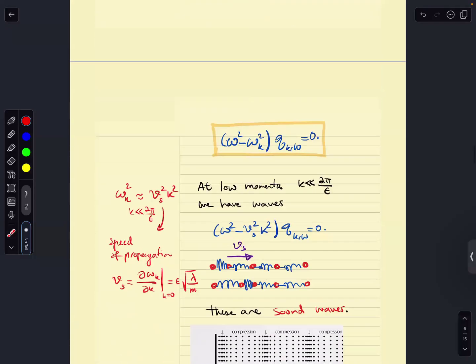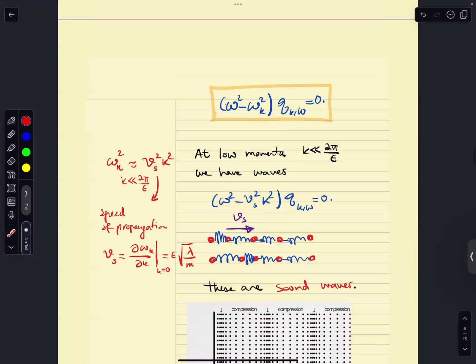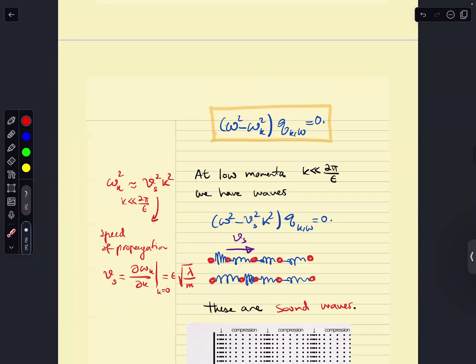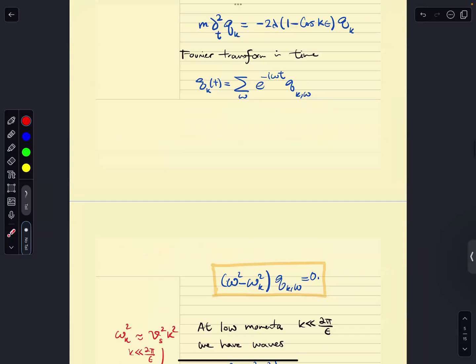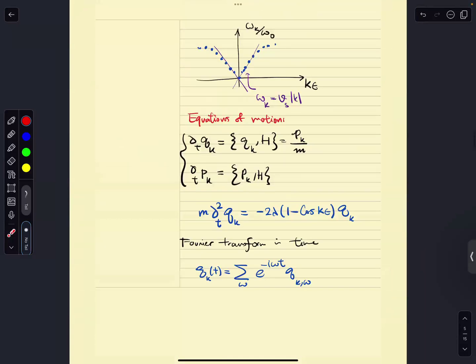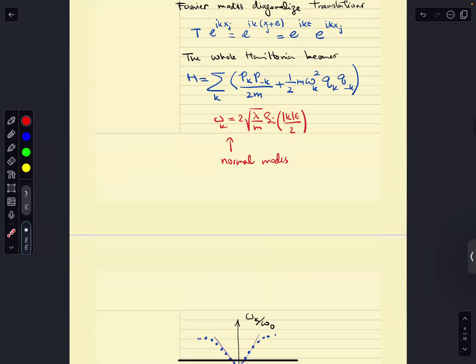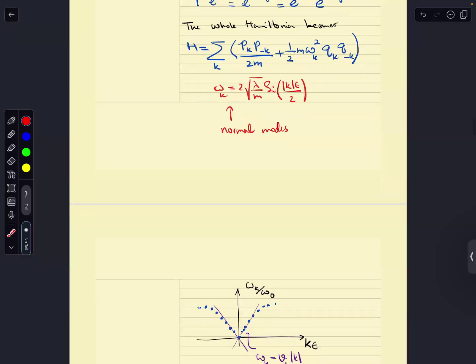All right, so the algebraic equation becomes omega squared minus omega k squared, times q of k omega, equals 0. This is the algebraic equation that we obtained. Recall what omega k squared was: 4 lambda over m sine squared of k epsilon over 2.